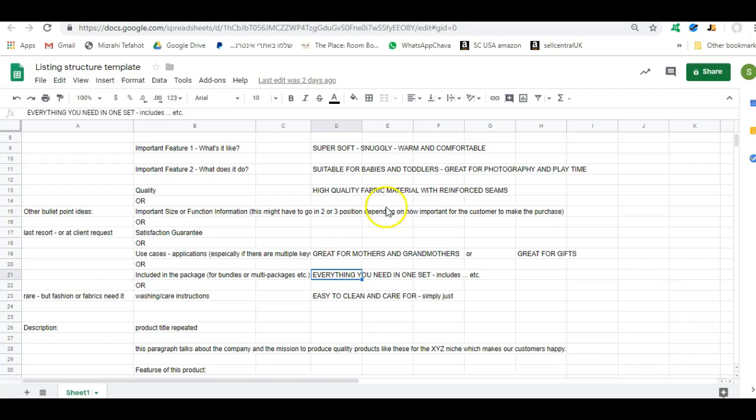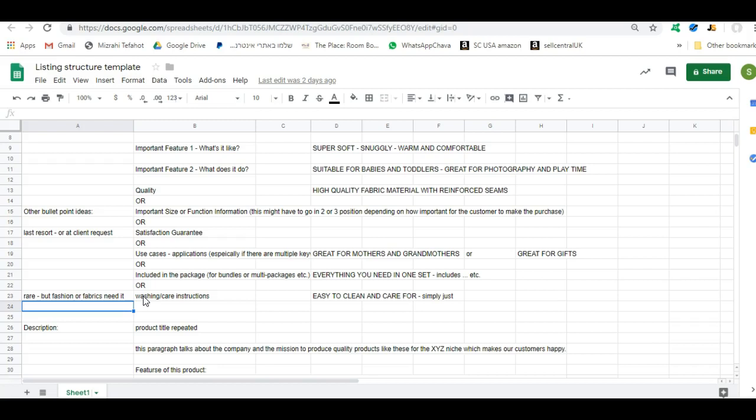The last idea, this is somewhat rare, but definitely relevant, for example, with this bag example I started the video with: washing or care instructions. This is sometimes technical information I would put in the product description, but it can also be used as a feature or a sales point.